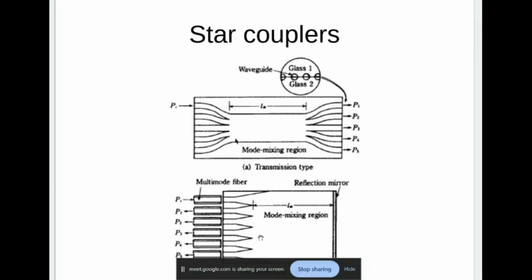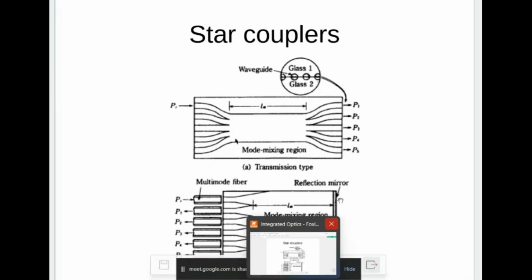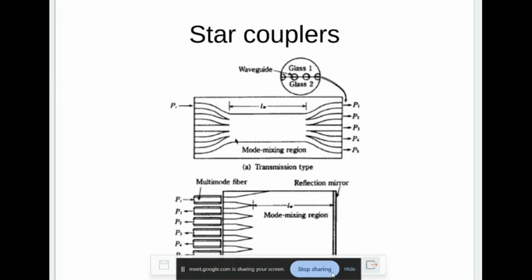Star couplers are needed in many optical networking applications. You launch light into one of the ports, and it has to be divided equally among all the output ports. For the time being, we are not so worried about the mode properties or coherence properties and so on. But if you simply want to divide the power across different ports, it is possible to use such a very crude type of mode mixing. The second one is a reflecting type. Light will be reflected from this edge.